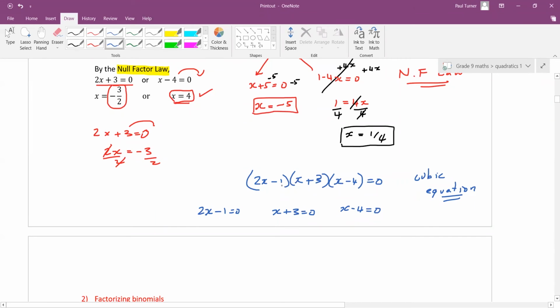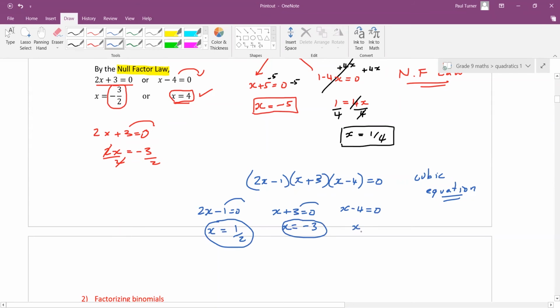Okay, so then we will just rearrange each one. So x here will be, if you do this in your head, we'd move the 1 and then we'd divide by 2. So you'll have 1 divided by 2, like that, 1/2. X here, move the 3, will become -3.